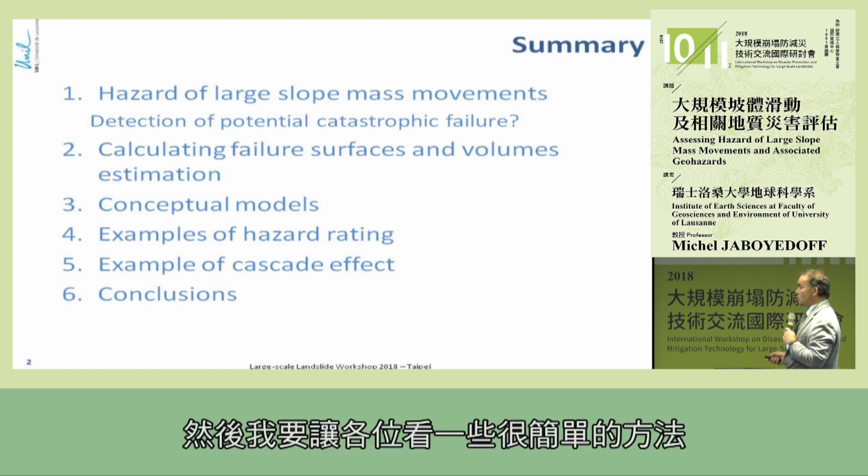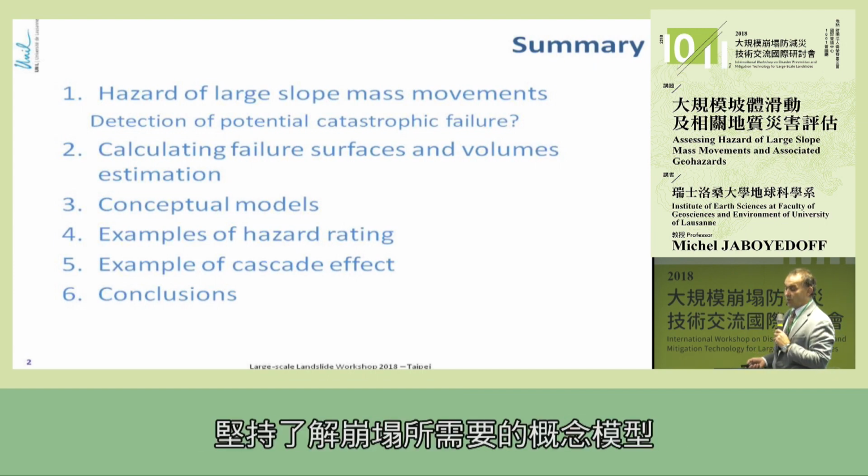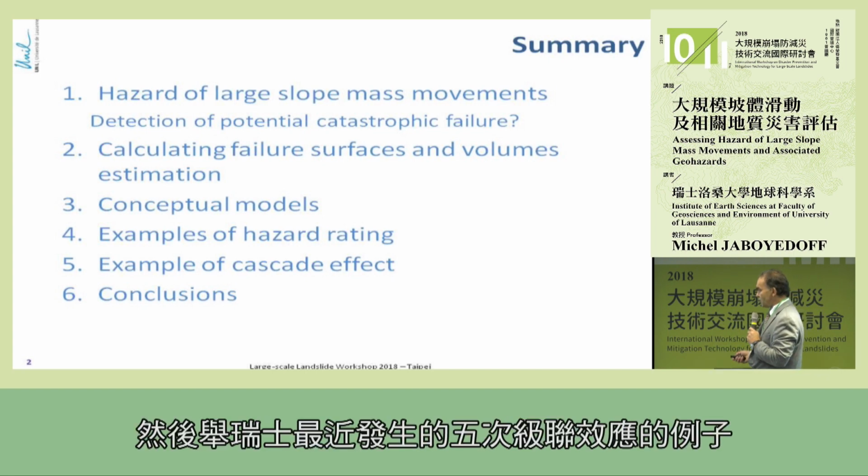After, I will show you some simple methods to calculate the surface of failure, which is important to deduce the volume, and insist on the conceptual models that are needed to understand landslides. Then I will give some examples, and an example of a cascade effect that occurred in Switzerland recently, if I have time.